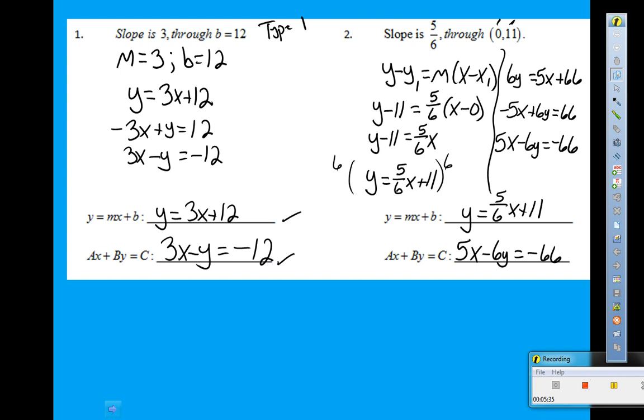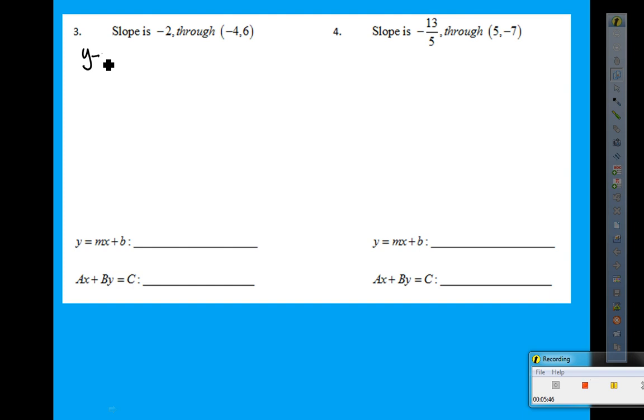Here's our number 3. The slope is negative 2. We're going to go through the point negative 4, 6. So I'm going to start using y minus y sub 1 equals m times x minus x sub 1, and then plug in everything that you know. My y value is 6, so I've got y minus 6 equals negative 2 times x minus negative 4, which becomes positive, so I got x plus 4.